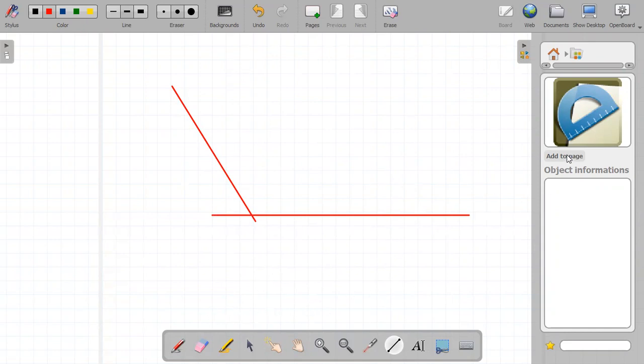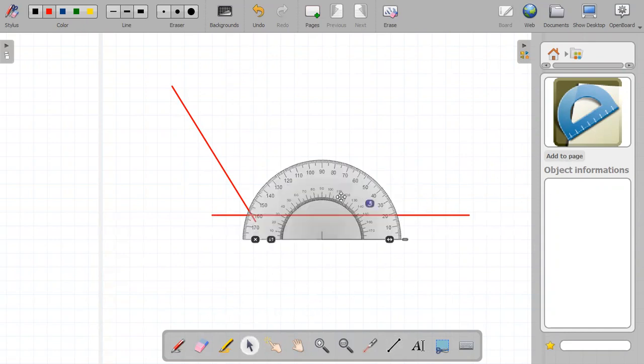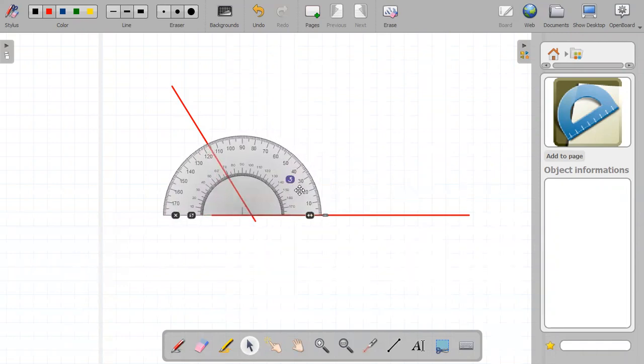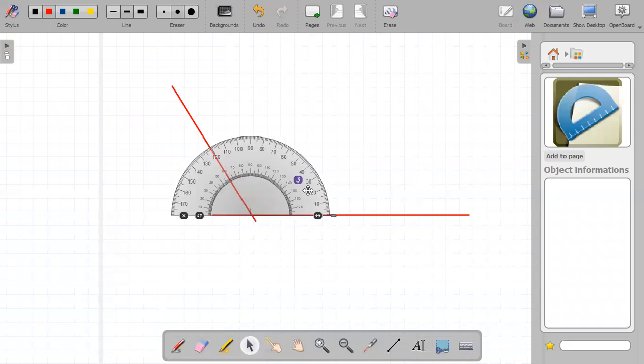Then let's take the protector. Keep the center point of your protector at the vertex like this.